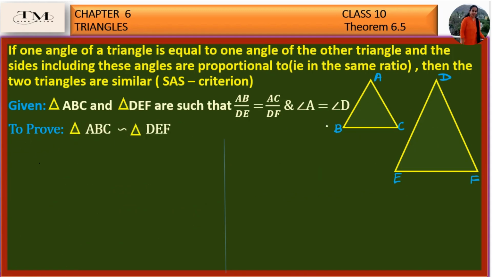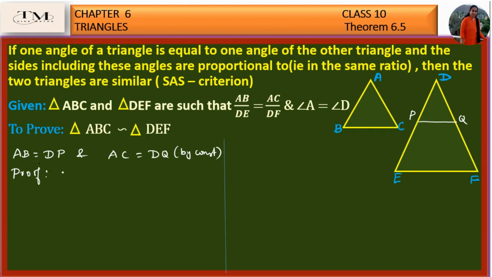Now we have constructed the line PQ such that AB is equal to DP and AC is equal to DQ. This is by construction. Okay, now we are getting into the proof. First, what is given?